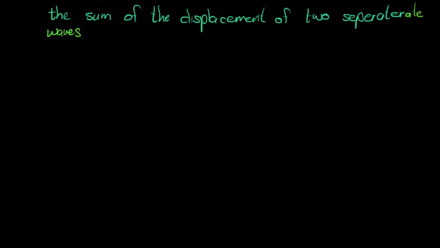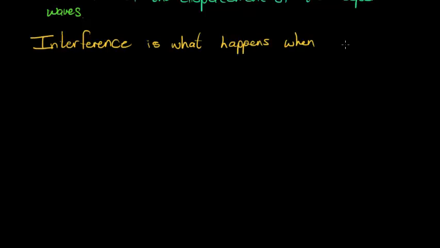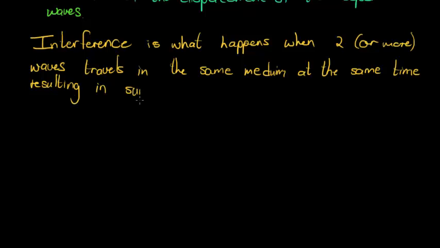Next up is interference. Interference is simply what happens when two or more waves travel in the same medium, in other words, through the air or through water or through space, whatever, in the same medium at the same time, of course, resulting in superpositioning.